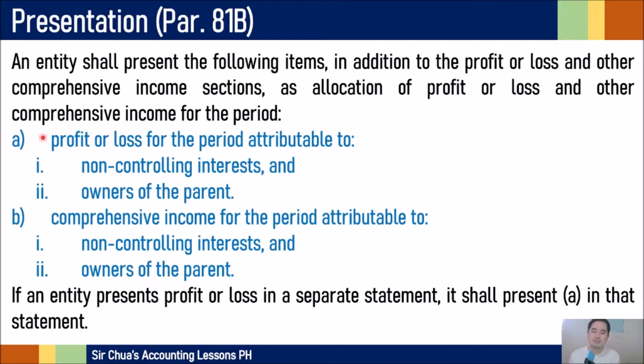But in summary, ang sinasabi po sa atin ng paragraph 81B is that you should present an allocation of profit or loss and OCI na nakaangkla po sa magkano po yung nasa NCI at magkano po yung nasa equity owners of the parent. At again, yan po ay nangyayari kapag ka po ang FS natin ay consolidated FS. Okay? For those who have parent-subsidiary relationship.